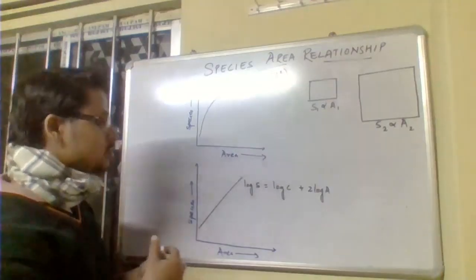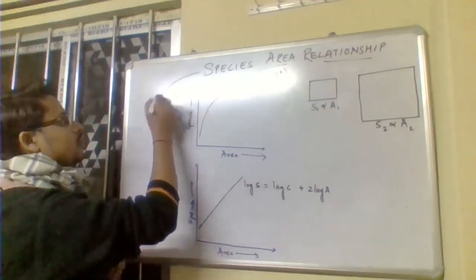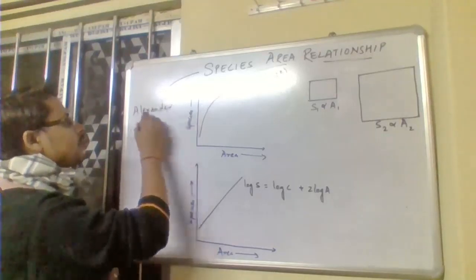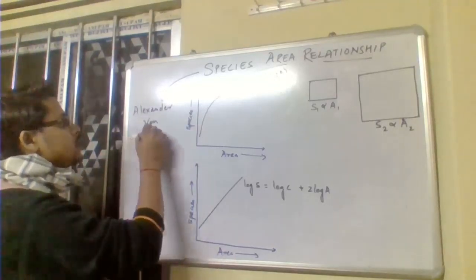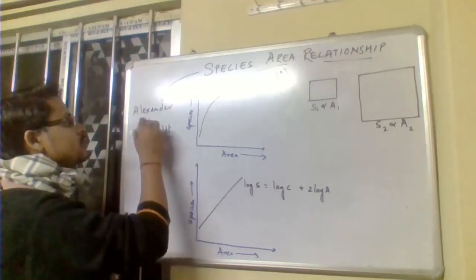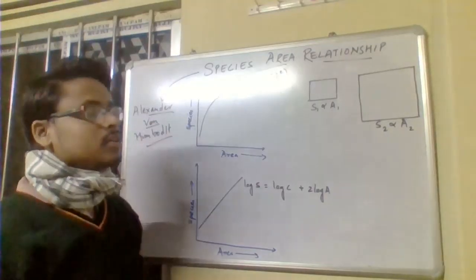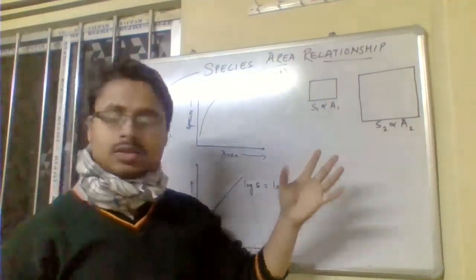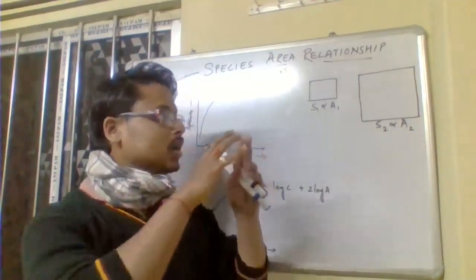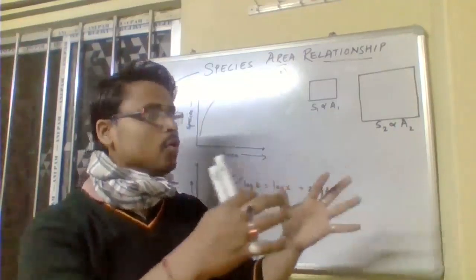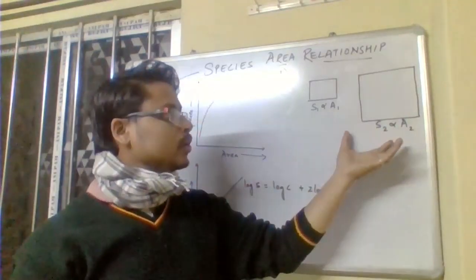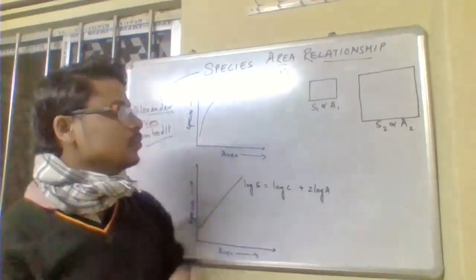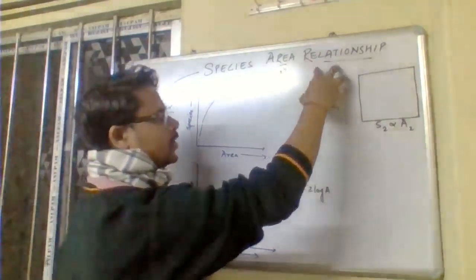This species area relationship was first given by Alexander von Humboldt. So Alexander von Humboldt explained the species area relationship. Species area relationship gives us the information about how biodiversity in a particular area gets spread or remains, right?